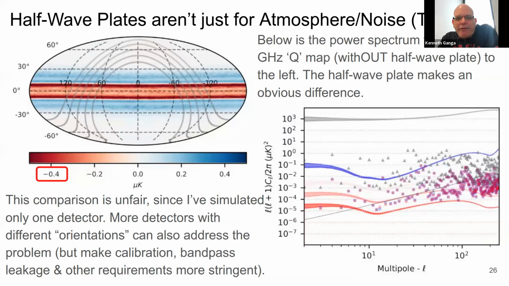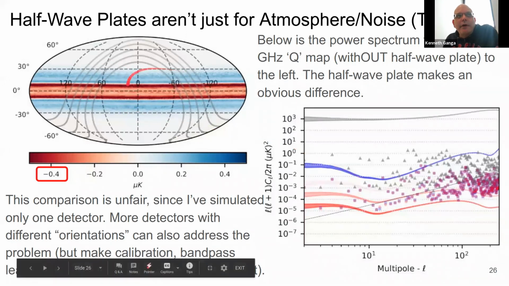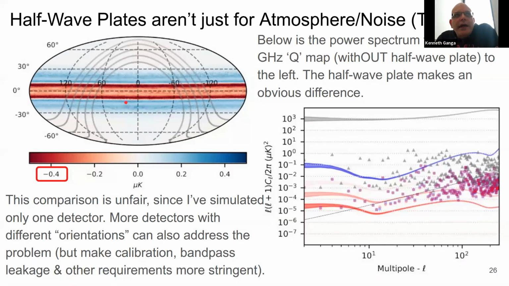Imagine that we didn't have a half wave plate. We would have to co-add a bunch of data from a bunch of these kinds of maps with detectors at different orientations. And then at that point you start to worry: if I co-add two maps, for example, and they're not perfectly calibrated one to the other, then you will get T to P leakage when you do this co-addition.